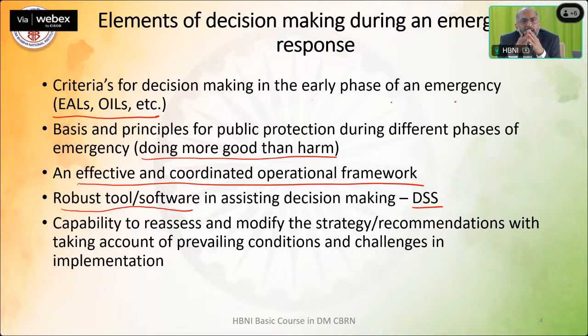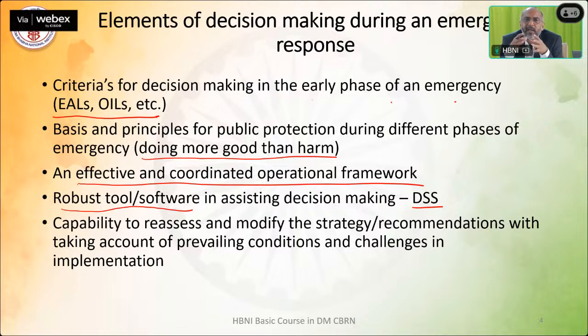And there is one more challenge. What is it? When you recommend public authorities to implement certain protective actions, you say, for example, evacuate this area in this much short time, and the public authority says that normally I should be able to do it, but at this moment there are flooding scenarios also, and the roads are affected.